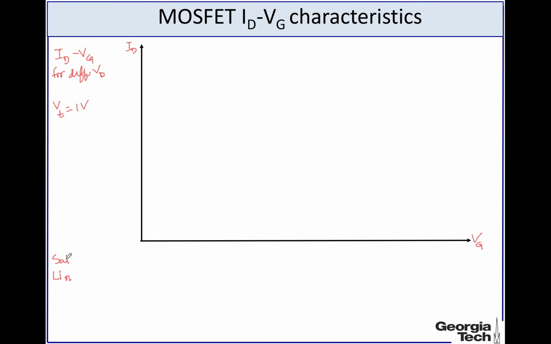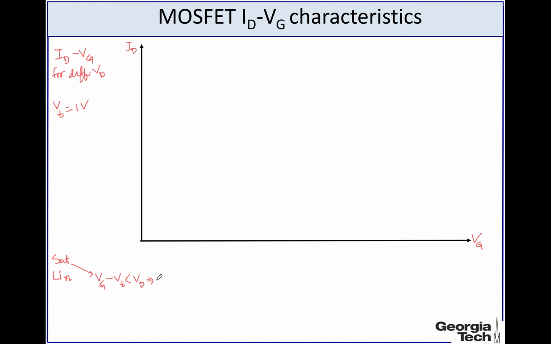In the saturation region, what we have shown is that Vg minus Vt is smaller than the drain voltage.